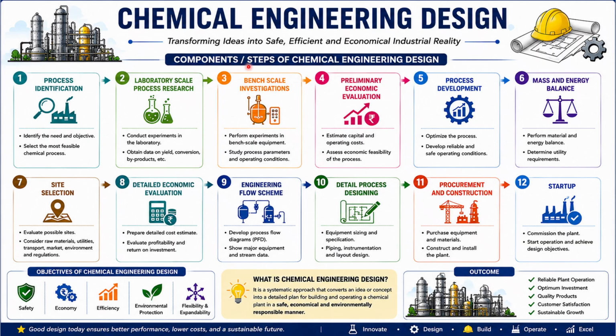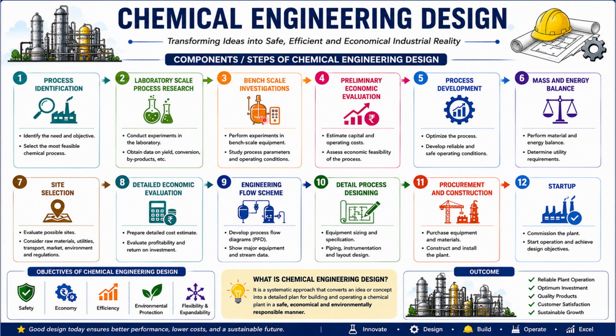So what are the various components and steps of a chemical engineering design? The first one is process identification, wherein you identify the need and objective of the process or chemical engineering design. Then you select the most feasible chemical process. Then you conduct experiments in the lab, which we call lab scale, where you obtain data on yield, conversion, byproducts, etc. Then you perform a set of experiments on bench scale or pilot plant.